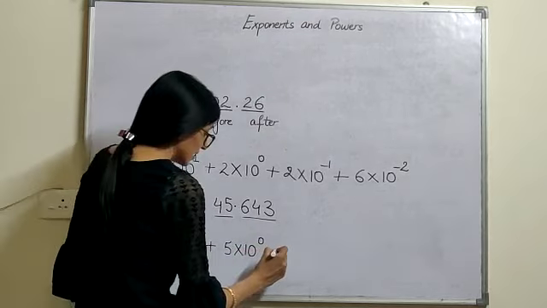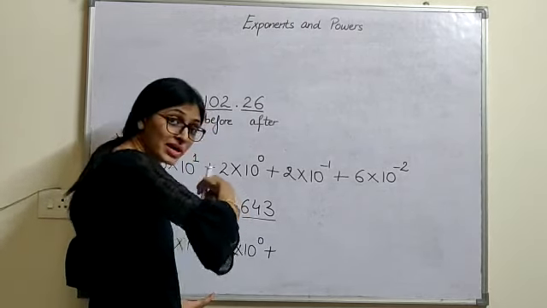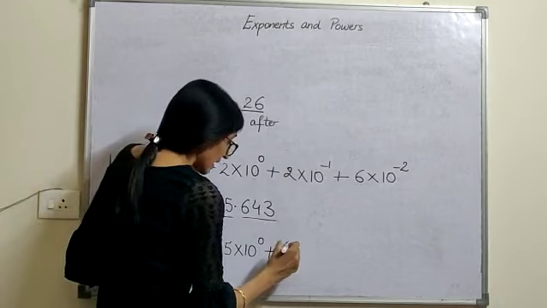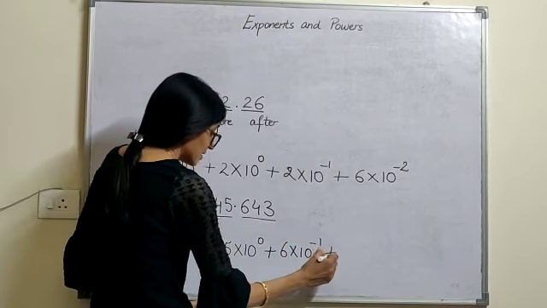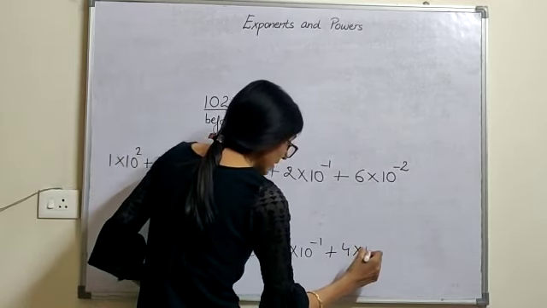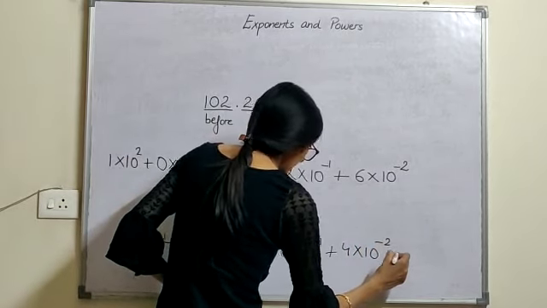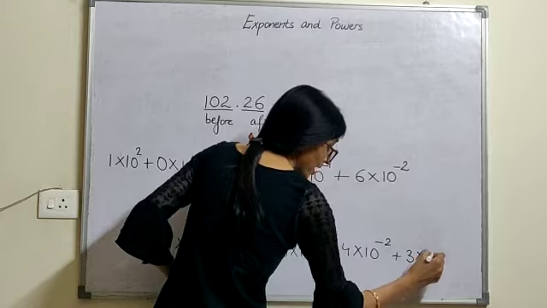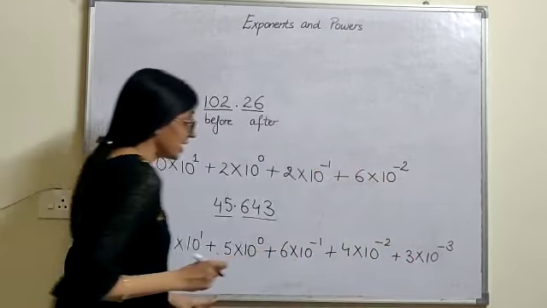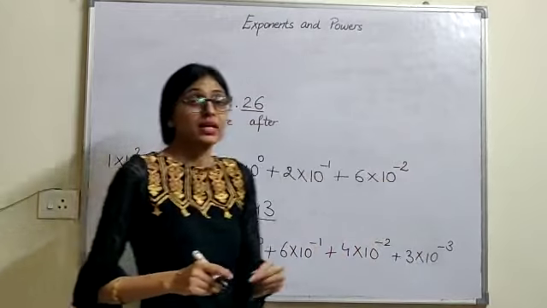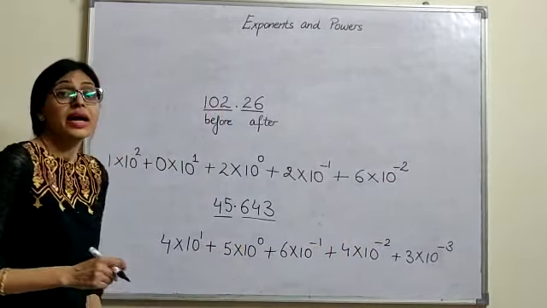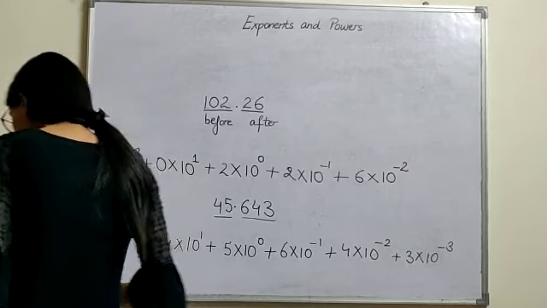Right? Plus. Start from left hand side. 6 into 10 to power negative 1 plus 4 into 10 power negative 2 plus 3 into 10 power negative 3. We have to move to negative and we have to increase like that. Okay, so this is the expanded form.